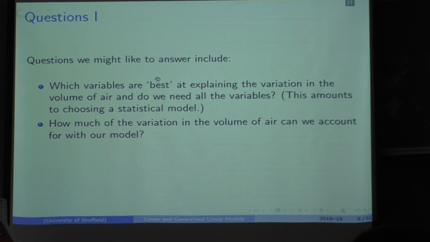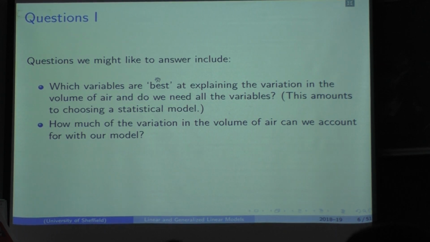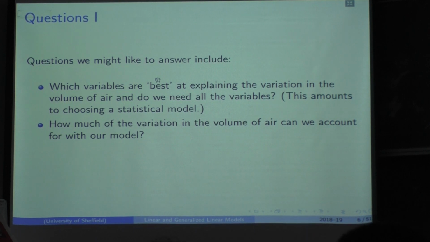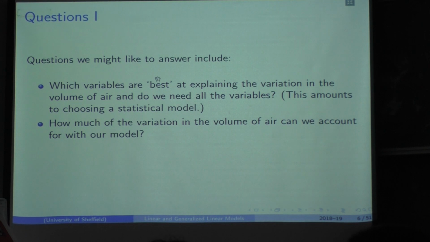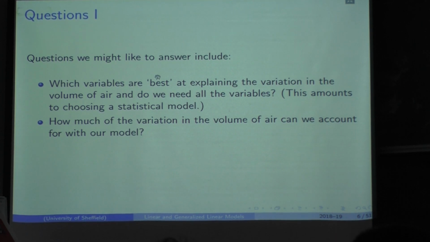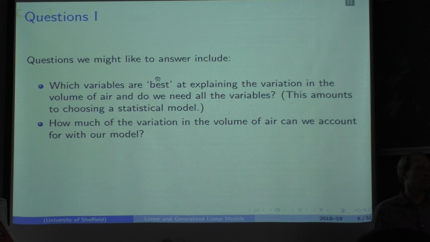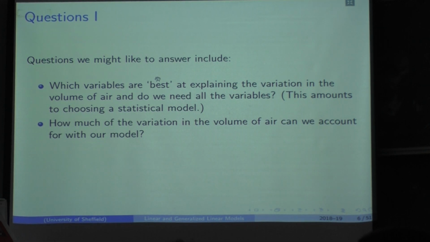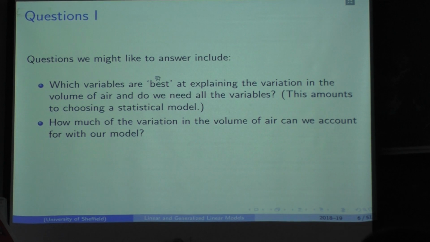So for example, there could be genetic factors which aren't covered by the 7 potential explanatory variables we had. How much of the variation that we find in our data set is actually connected with those explanatory variables which we have, and how much is actually potentially explained by other things we don't know about, can be modelled as completely random, or whatever. Okay? So that's another question that we might want to ask. How good is our model at actually explaining variation in the data?